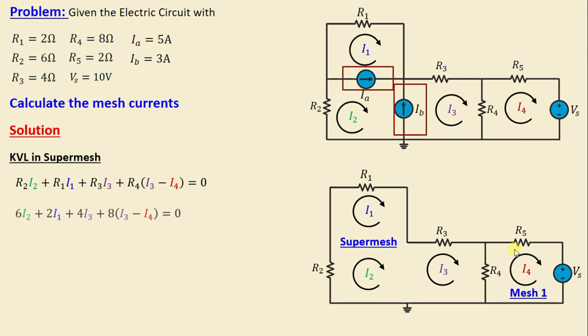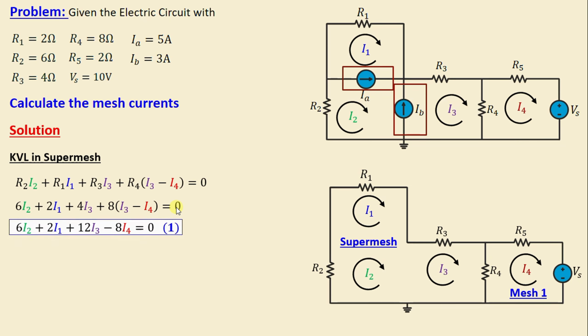By replacing the resistors with their numerical values, we obtain 6I2 plus 2I1 plus 4I3 plus 8(I3 minus I4) is equal to 0. If we continue simplifying, we obtain 6I2 plus 2I1 plus 12I3 minus 8I4 is equal to 0, and I will call this equation number 1.